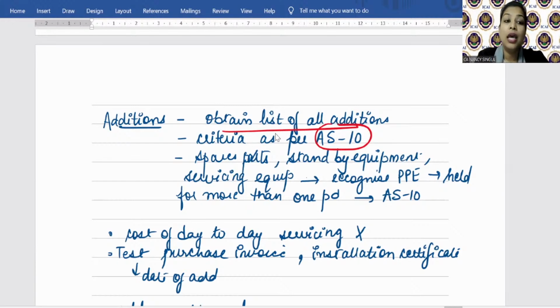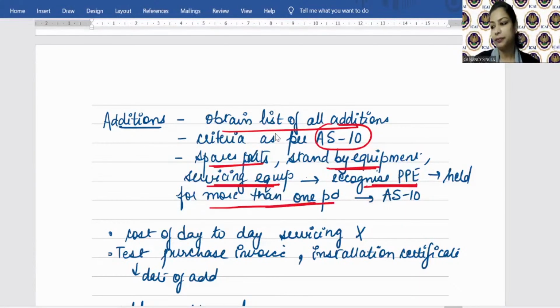ठीक है? Now, with respect to spare parts, standby equipments, or any of the servicing equipment, they will be recognized as PPE if, as per AS10, the same is been held by the client for more than one period, 1 year. ठीक है?